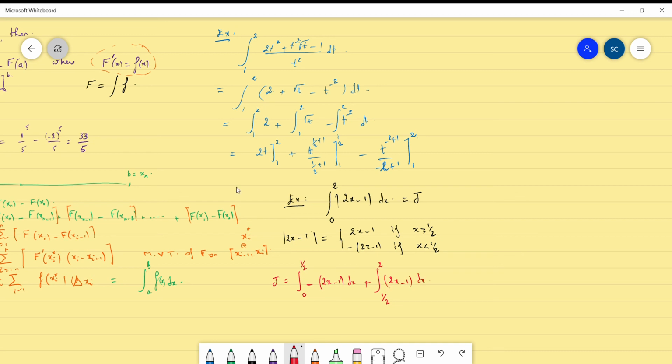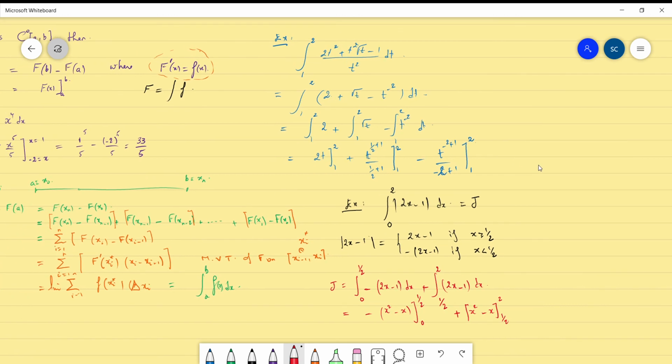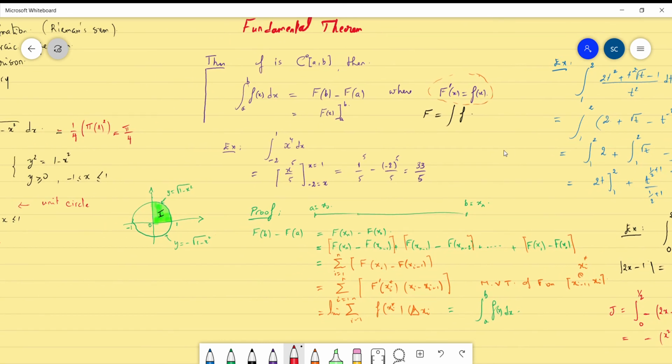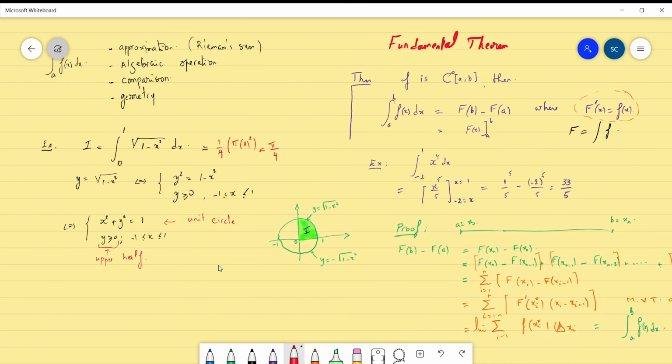And here it's easy to find an antiderivative. It's minus (x squared minus x) to take between 0 and 1 over 2, plus x squared minus x to take between 1 over 2 and 2. Okay, and you need to practice, of course, so that you get all the different techniques and develop more tools.